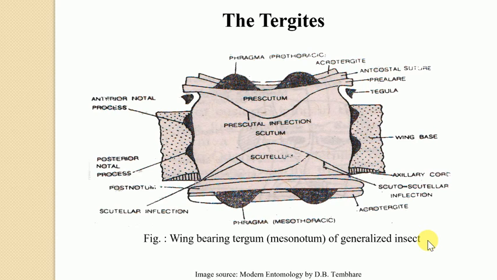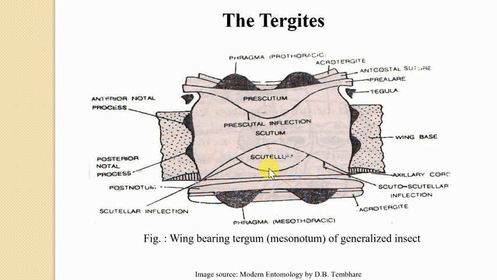The tergite of the prothoracic region differs from that of the pterothoracic region, because in the pterothoracic region the whole area of the tergite is divisible into three parts due to the presence of two transverse sutures. These are the prescutellar suture and the scutoscutellar suture.